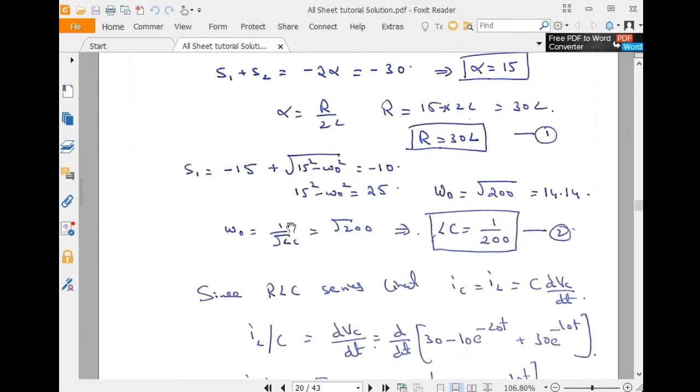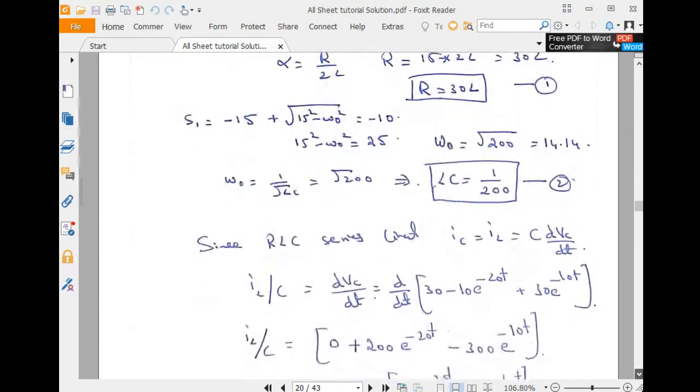Now the formula for omega naught is 1 by root LC equals under root 200, so LC equals 1 by 200. This is equation 2. Now you got two equations for R and LC.